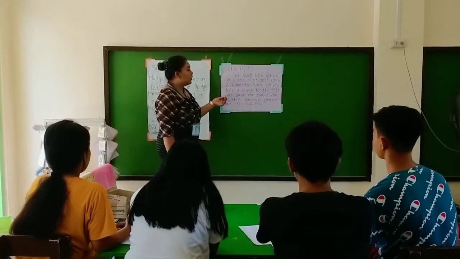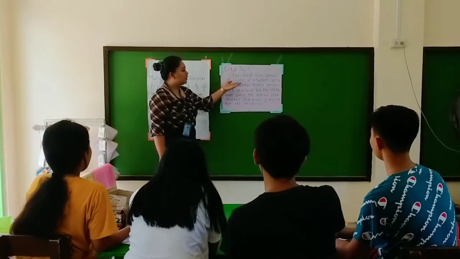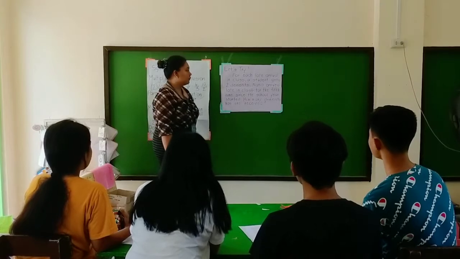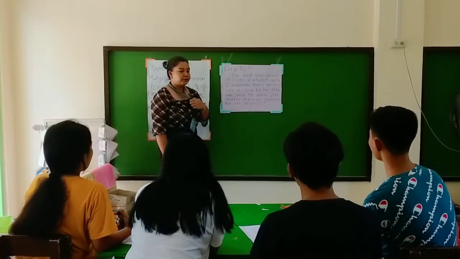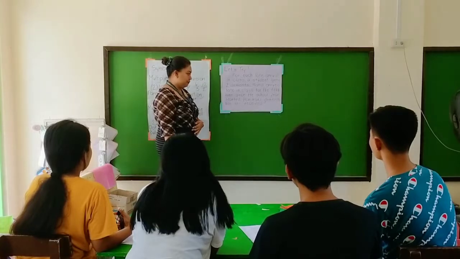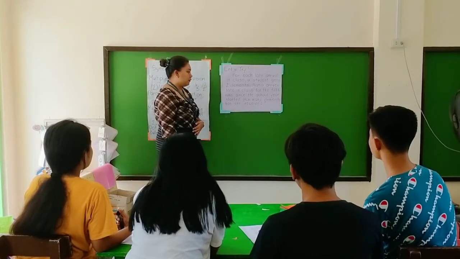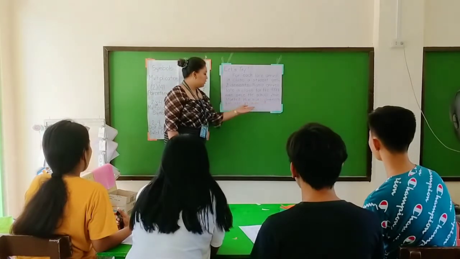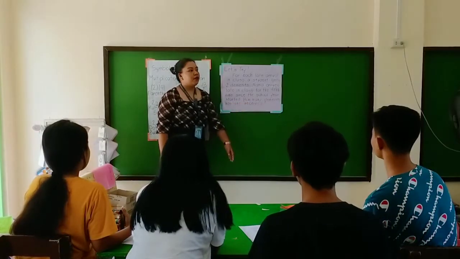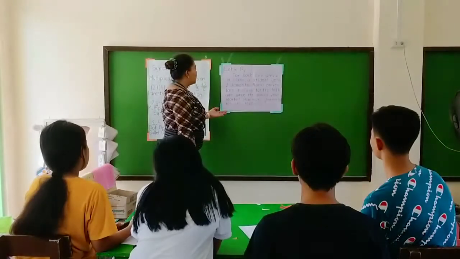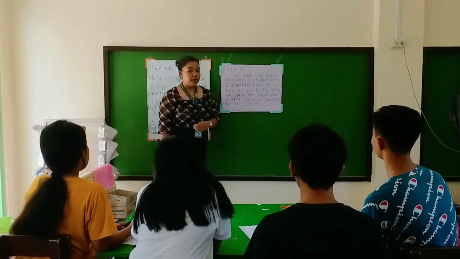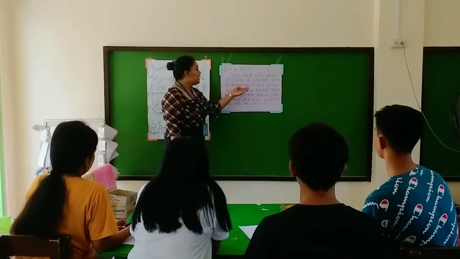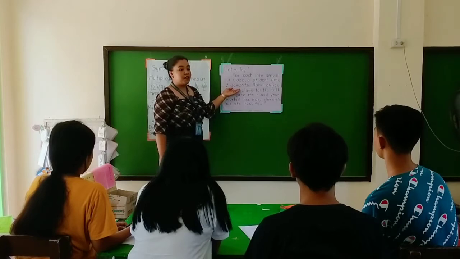Will you please read it in chorus? For each late arrival in class, a student gets 2 demerits. Maria arrives late in class for the 5th time since the school year started. How many demerits has she received? Okay, very good. So, this problem says that for each late arrival in class, the student gets 2 demerits. 2 demerits is equal to negative 2.